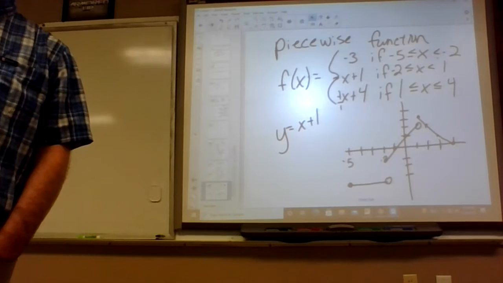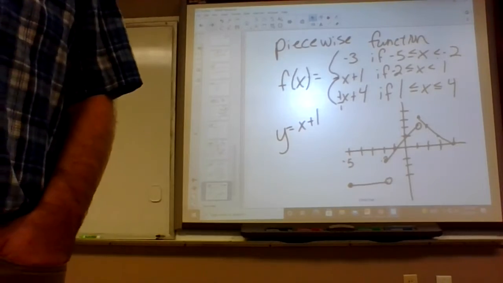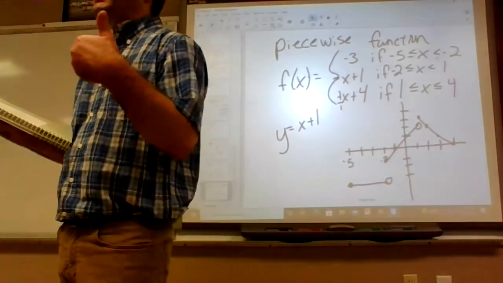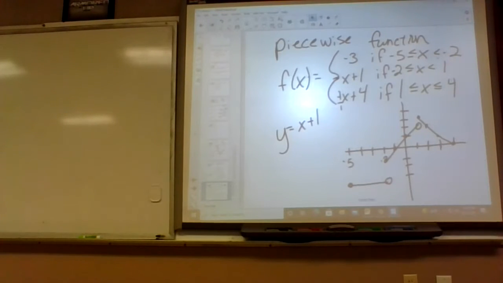Okay, number 7. We did a couple of these, I think, the beginning of last week. The domain is the what? The x values. So remember on the graph, the x values go from left to right. So what's my smallest x value on number 7?